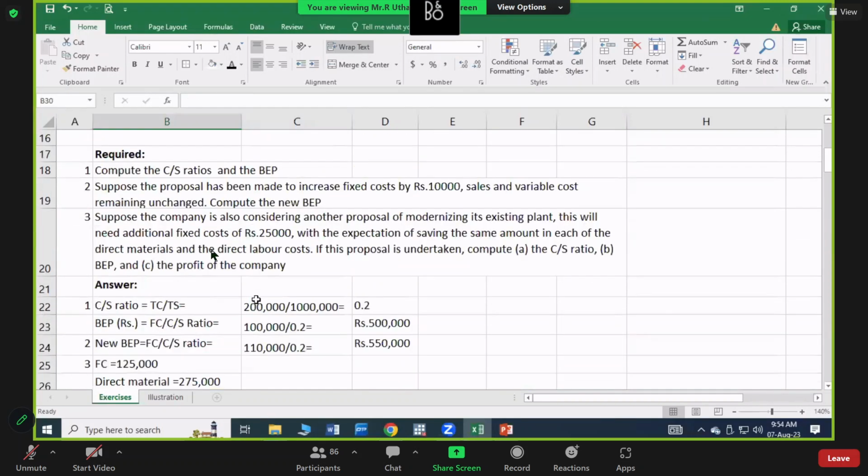What is required with the proposal is to compute the CS ratio.